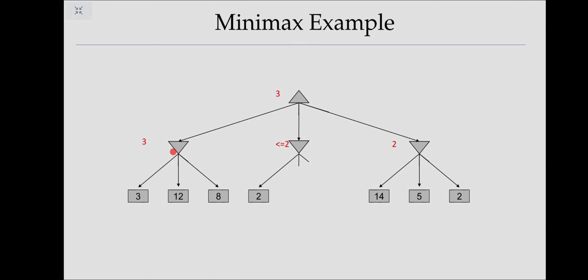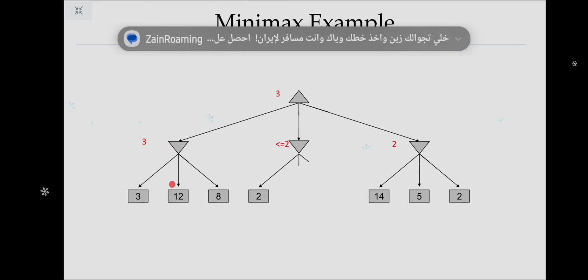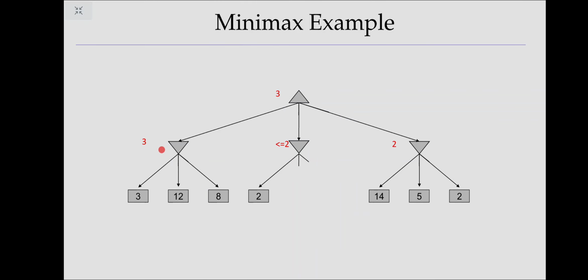The next child is another terminal node with utility 12. The min player compares 3 with 12, because the min player tries to minimize the utility, it considers 3 again.